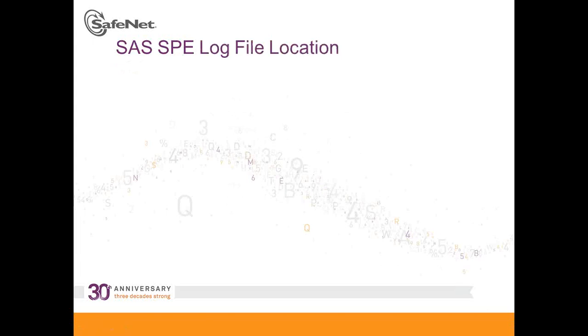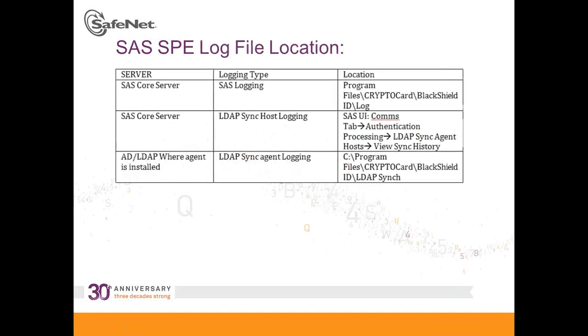Just to wrap up this session, we'll take a look at where some of the log files are located. When adding these agents, I find that these agents are more for service providers. I do have some customers in the past that are not service providers, and they've installed pretty much the SAS PCE environment. So we've got customers running PCE with NPS and Shibboleth, and customers running PCE with FreeRADIUS, but not Shibboleth.